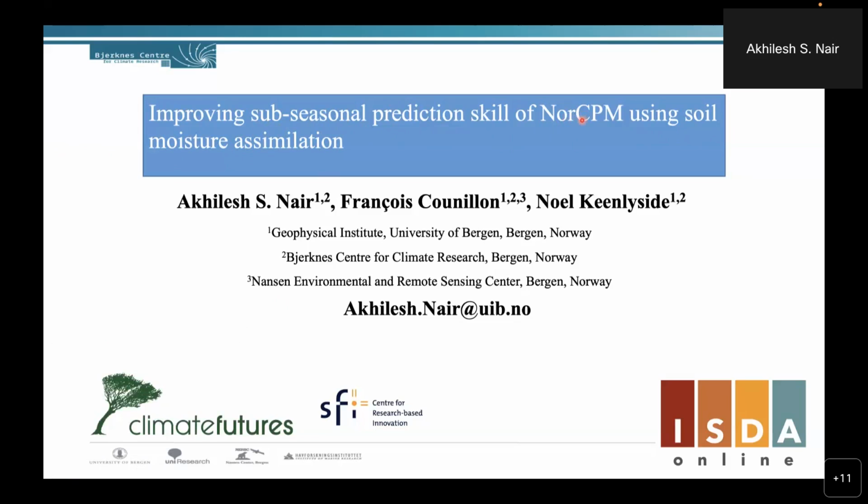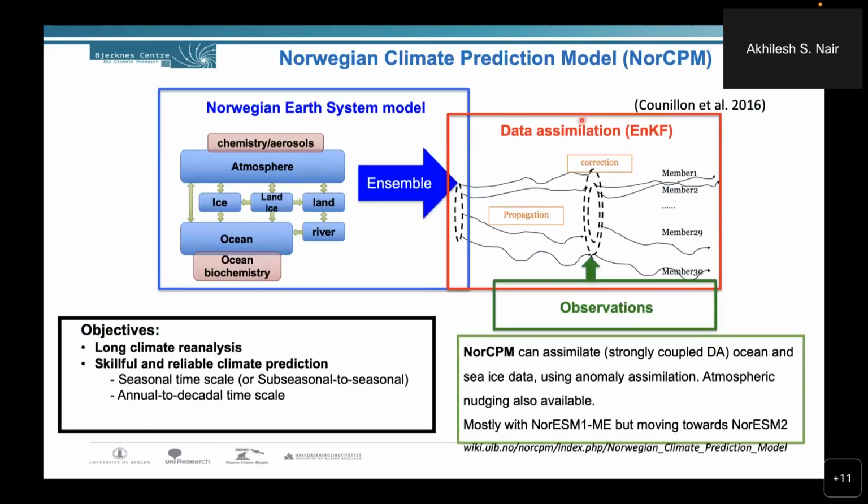To start with, let me take you to what NorCPM is, which stands for the Norwegian Climate Prediction Model. We have a system which relies on a fully coupled Norwegian Earth system model, which has atmosphere, land, ocean, and ice components.